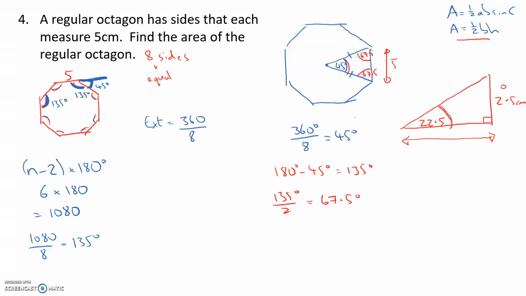This would be opposite. We want to work out the adjacent. So it looks like I need tan. Tan of 22.5 degrees has got to be equal to 2.5 divided by our adjacent side. And with a bit of rearranging, that adjacent side is equal to 2.5 over tan 22.5.